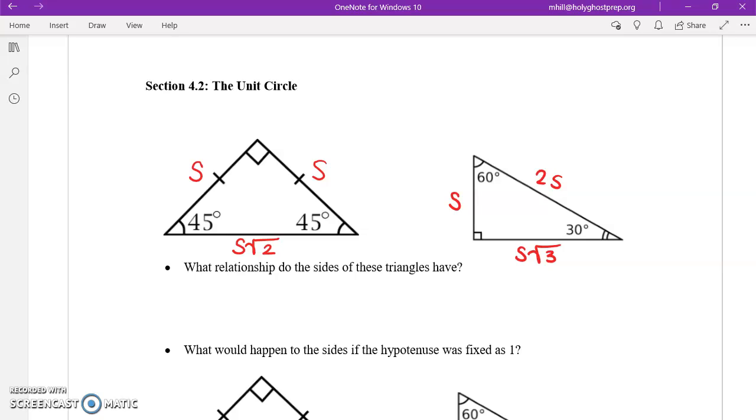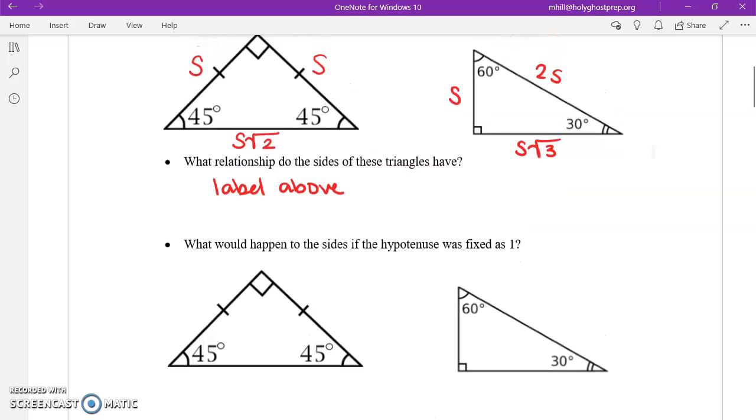A quick way that I remember: for a 45-45-90 triangle, there are two side lengths that are equal, so we have a square root of 2. Whereas for the 30-60-90 triangle, all three side lengths are going to be different, so we use a square root of 3. That's just a quick way of how I remember. So the relationships I just wrote here, labeled above.